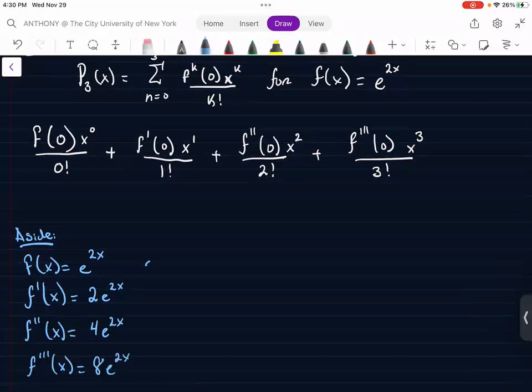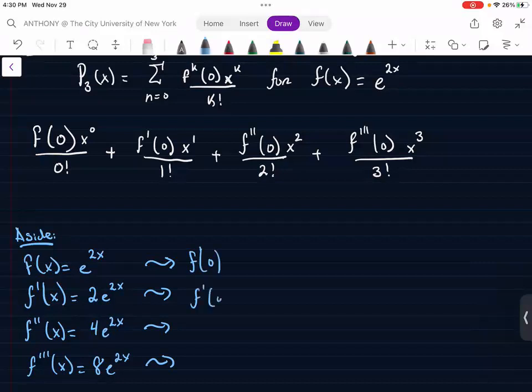So now, each one, the original function and each of our derivatives, you evaluate it at 0. Right, so you got to find f of 0, f prime of 0, f double prime of 0, f triple prime of 0. So e to the power of 2x is now e to the power of 2 times 0, which is just e to the 0, which is 1.